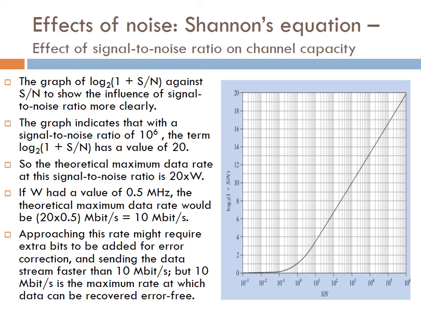The graph indicates that with a signal to noise ratio of 10 to the power 6, the term log base 2 of 1 plus SNR has a value of 20.